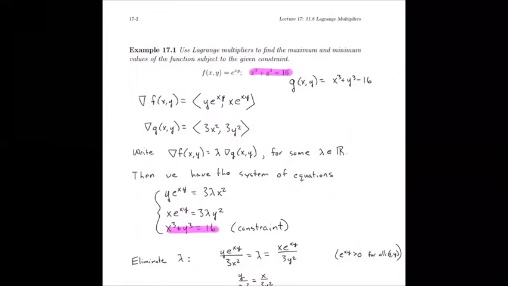So this is our last equation that helps us determine x, y, and lambda. Notice that we have three unknowns, x, y, and lambda, and we have three equations. It's not a linear system of equations, but it's a system of three equations and three unknowns. So we may be able to find an exact solution, or solutions. There might be more than one.